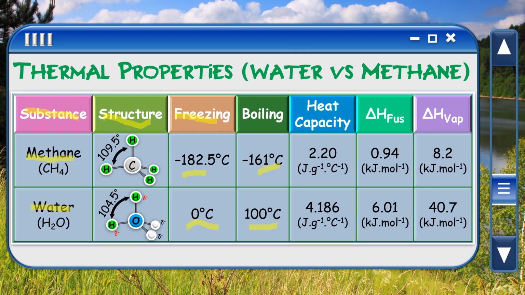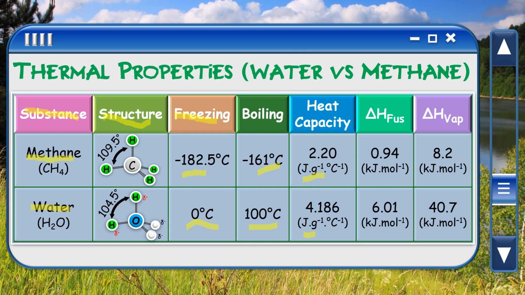The heat capacity of methane is 2.20 joules per gram per degree Celsius, whereas that of water is 4.186 joules per gram per degree Celsius.